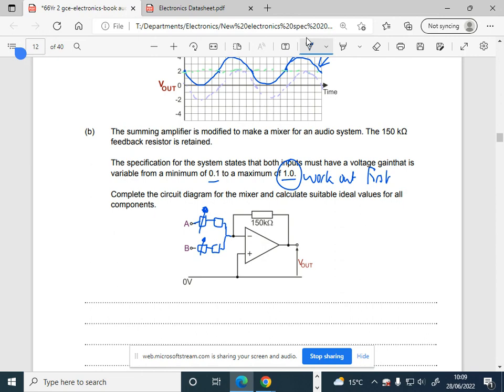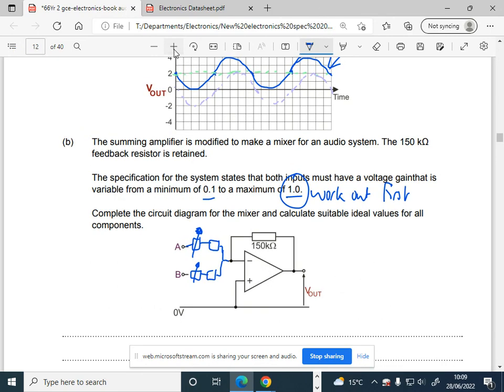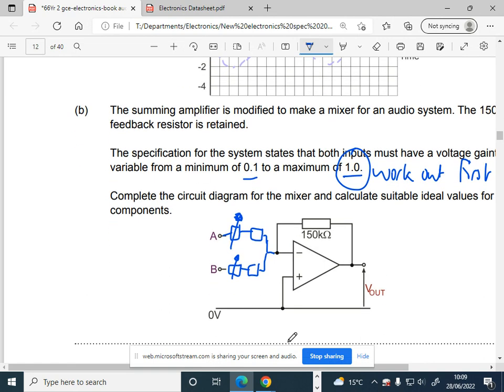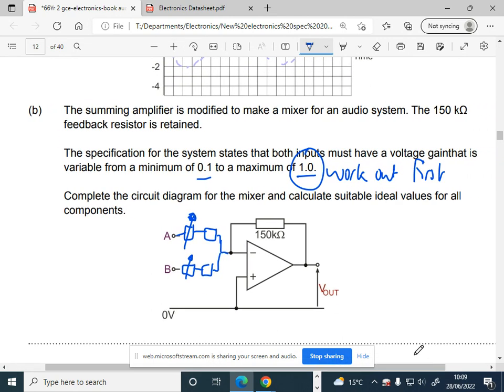Right, so I've said work out the variable resistor first. Can I make this a bit bigger actually? Bit more space to write. So for a gain of 1, that would therefore be 150 kiloohms. Think about it. This variable resistor can vary from 0 ohms.